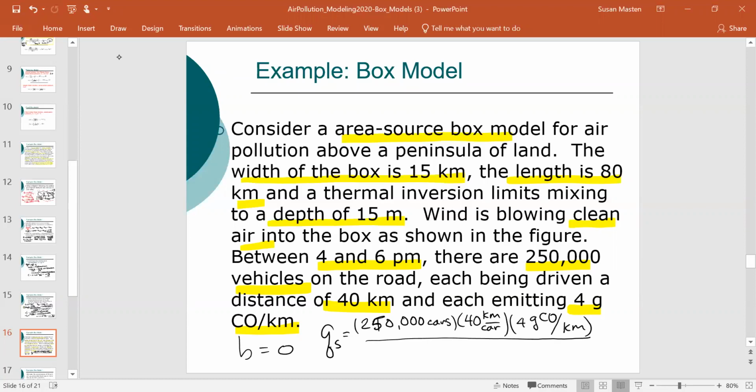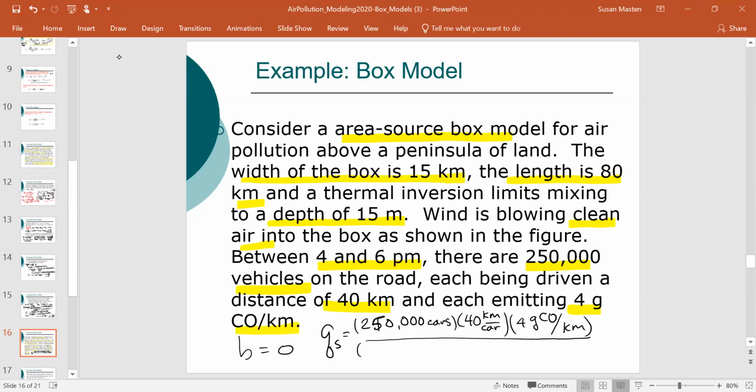In this case, when we calculate Q sub S, we're calculating it per area of the base of my cell. So it's the width times the length.